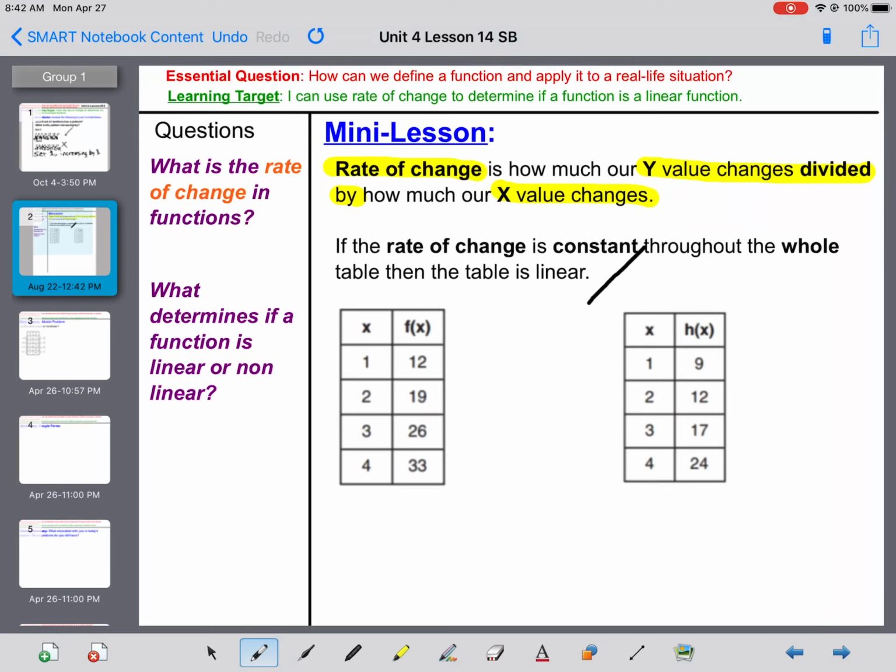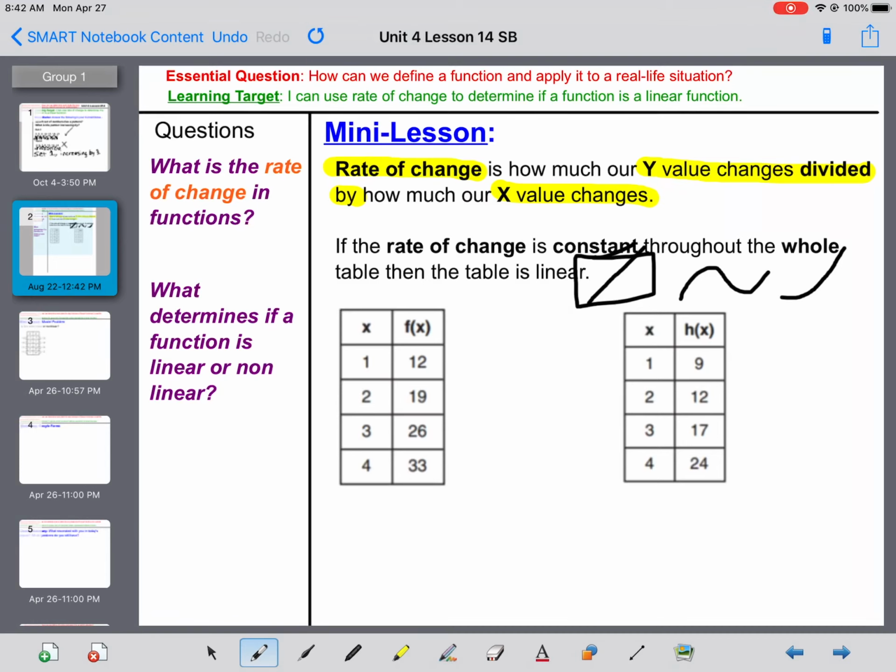If it does not increase by the same number, then the table can be any kind of function. It's just not going by a straight line. Okay, so we want a graph. We want to know if a graph is increasing by a linear or if it's nonlinear.